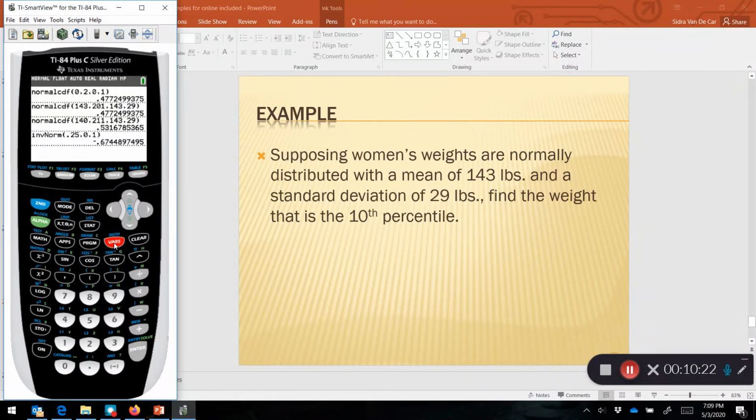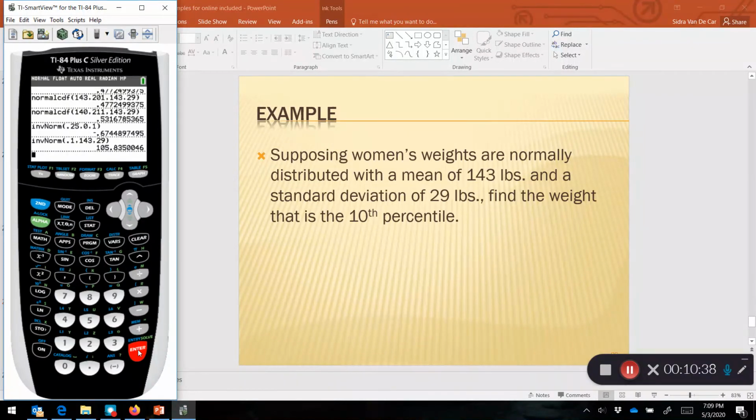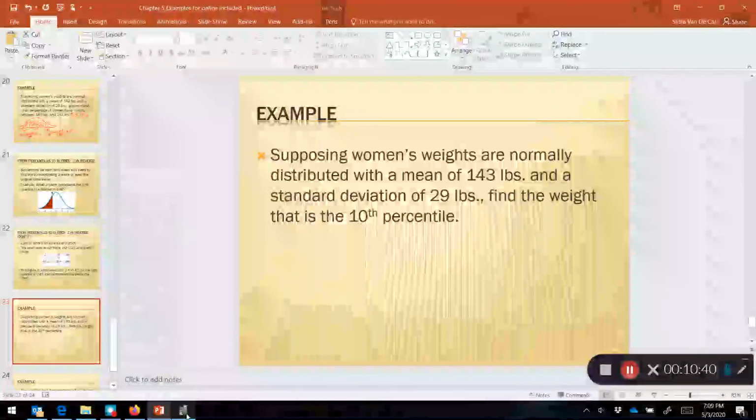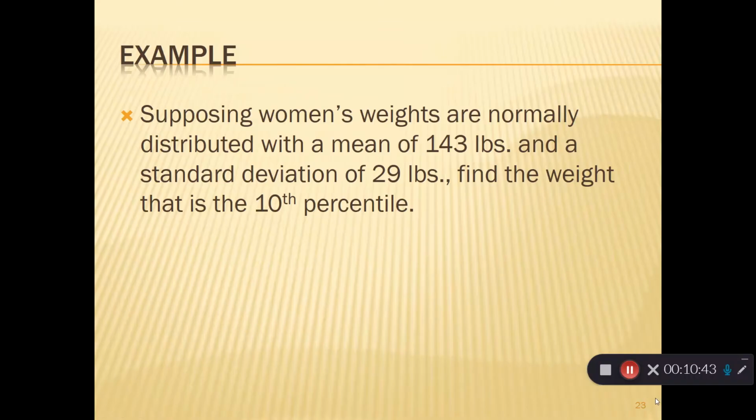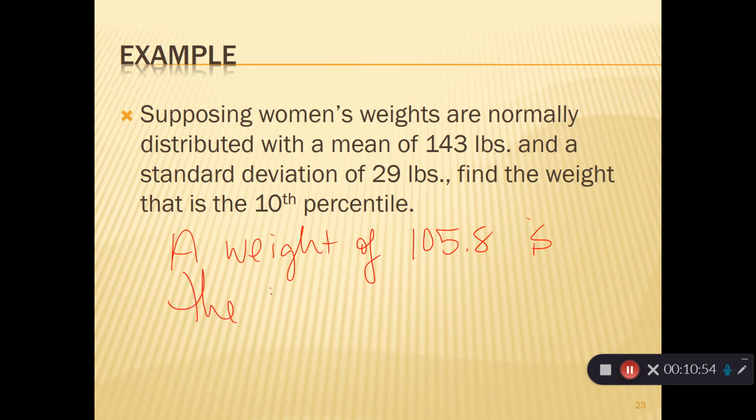Inverse norm. And we're going to go 0.1, mean of 143, standard deviation of 29. And we get 105.8. So a weight of 105.8 is the 10th percentile.